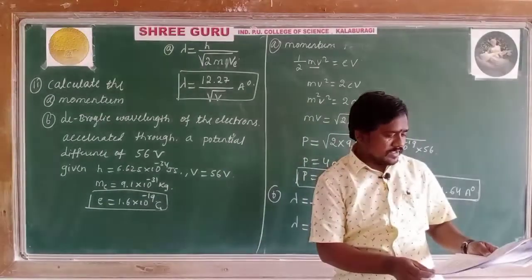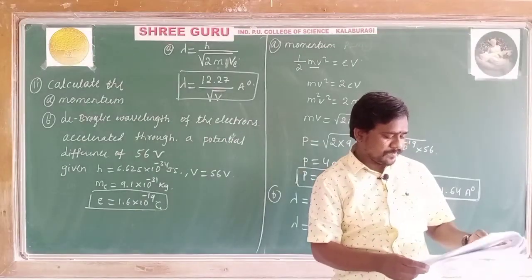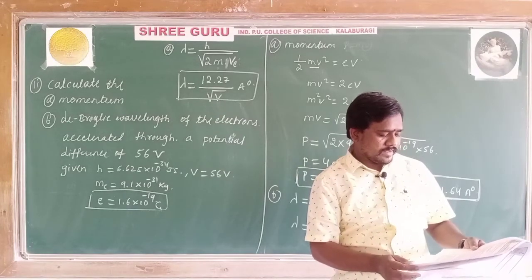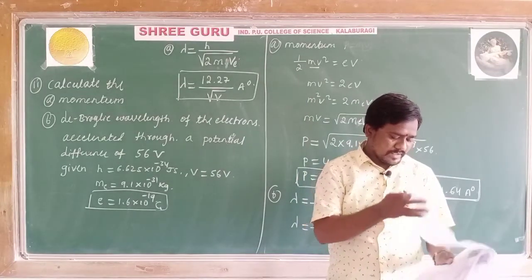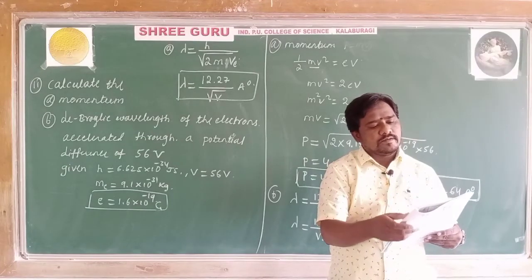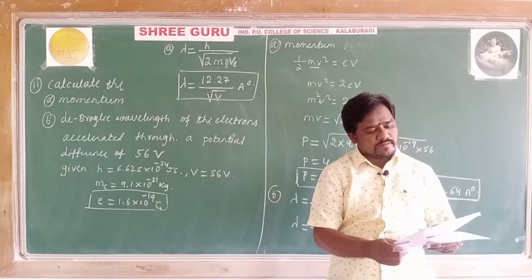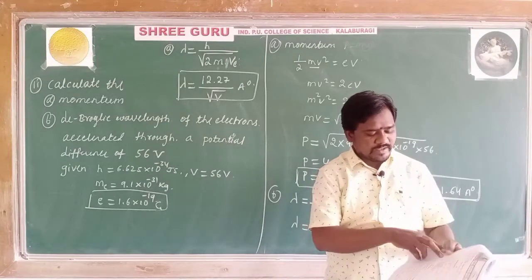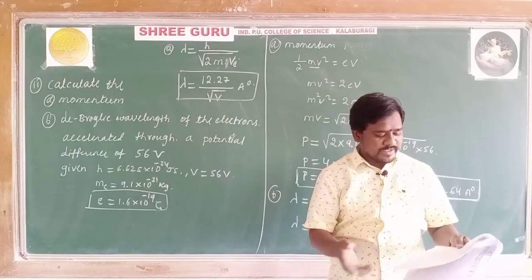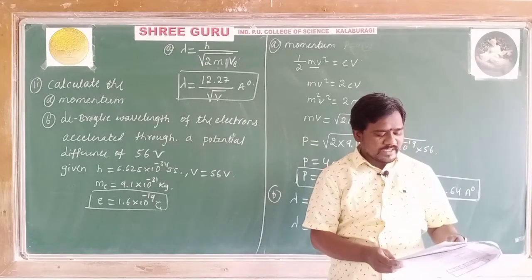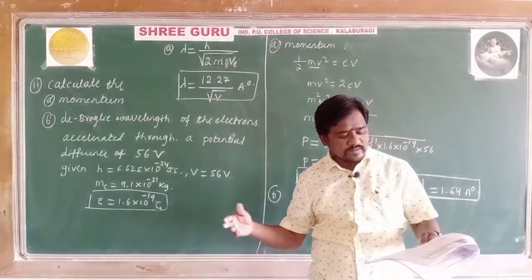In the year 2017 they asked numericals, which we already solved. And in the 2017 supplementary question paper, in 2 marks they asked what are de Broglie waves, and how does the de Broglie wavelength vary with the momentum of moving particles.